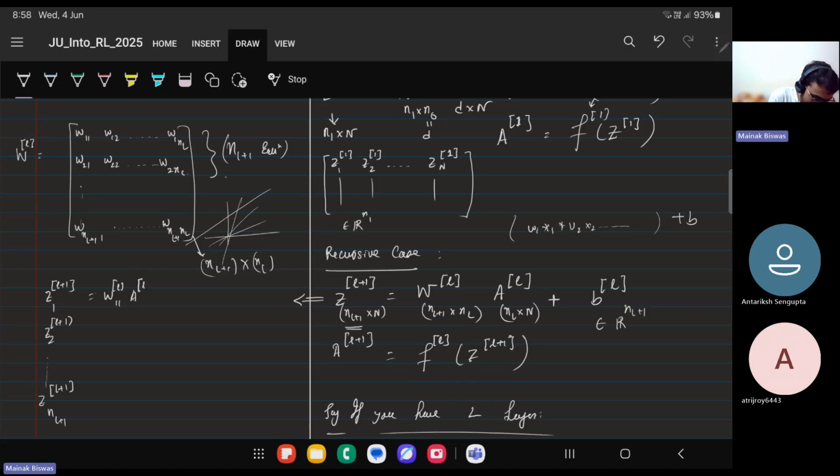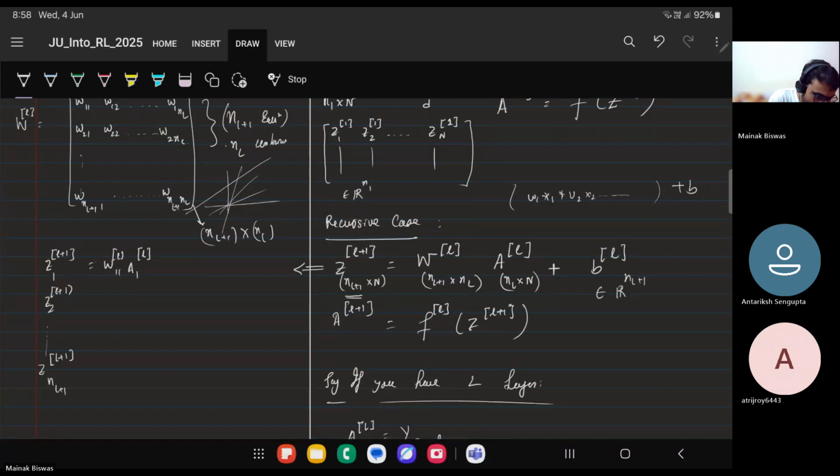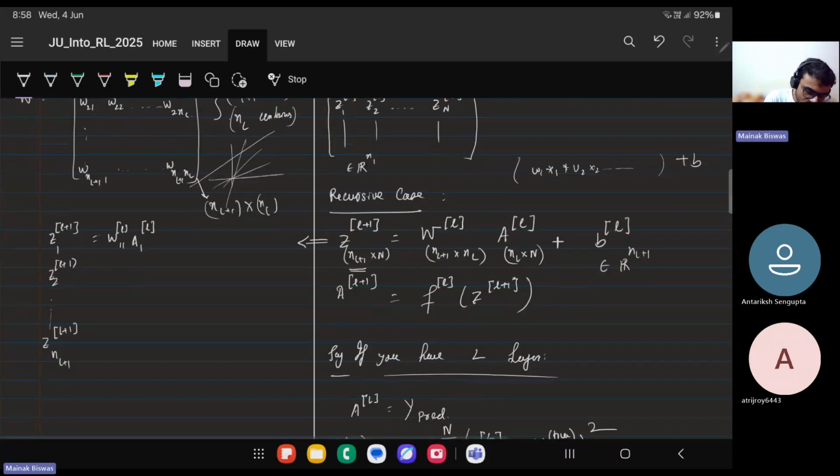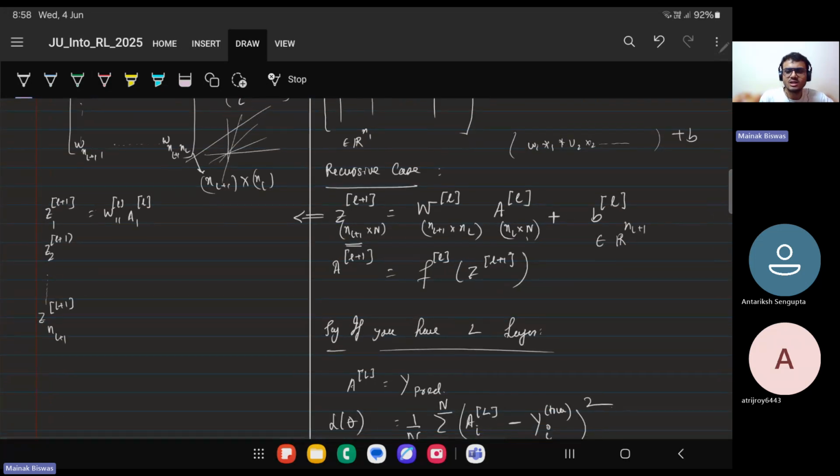N_{L+1} into N_L unknowns. Not N. N is the number of examples, which will be stacked after stack. So think of if N is equal to 1. It doesn't change anything, no?